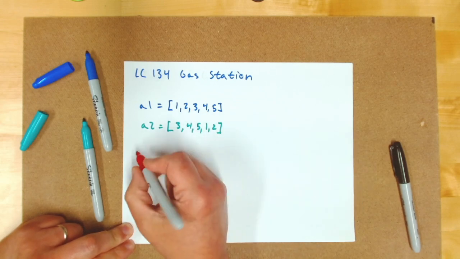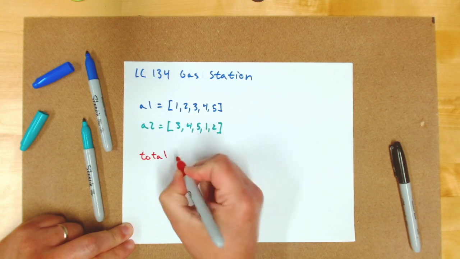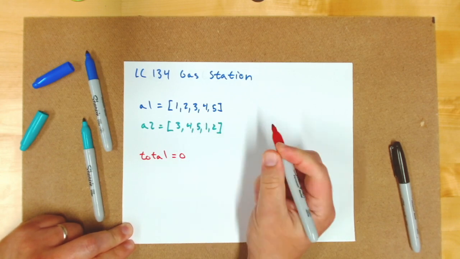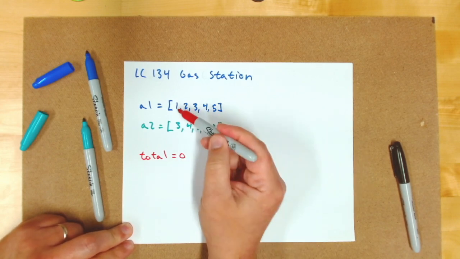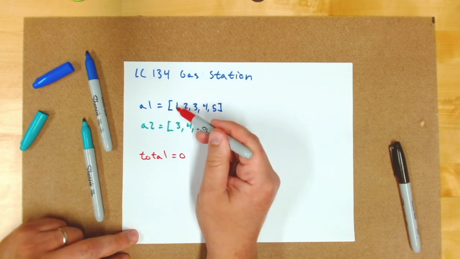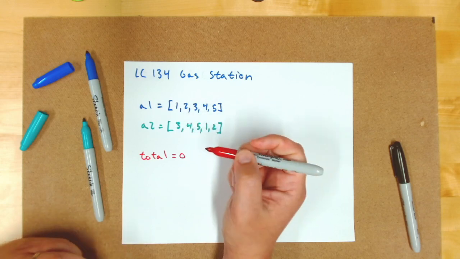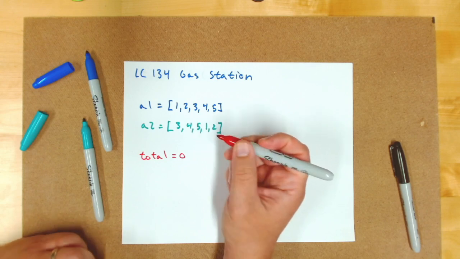Okay, so let's have a total variable. We start at 0. So each time we arrive at an index, we add from A1 and we subtract from A2 when we go to the next index. So let's take a look.